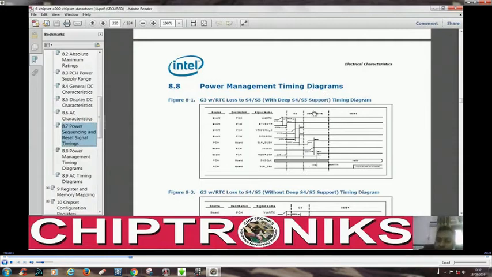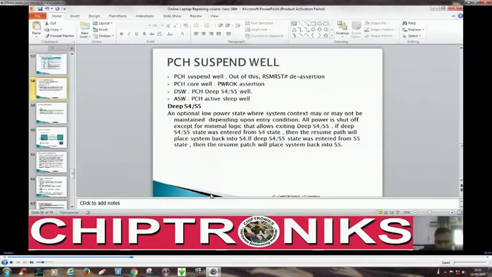But here in the HM67 kind of board, a new ACPI state is introduced, that is deep S4 S5. So let us understand what deep S4 S5 is. Now this deep S4 S5 is related to the deep sleep well.